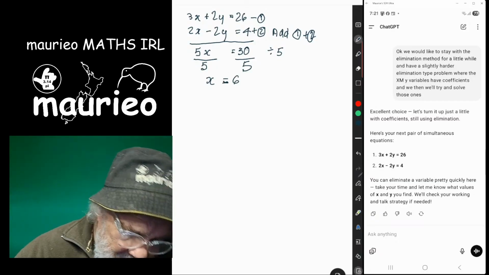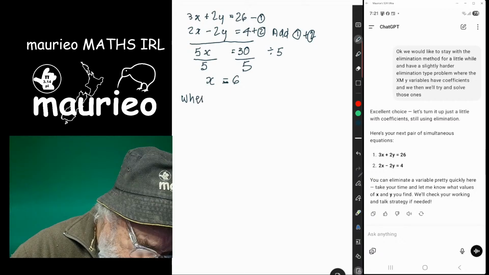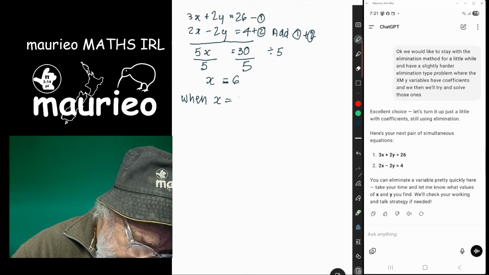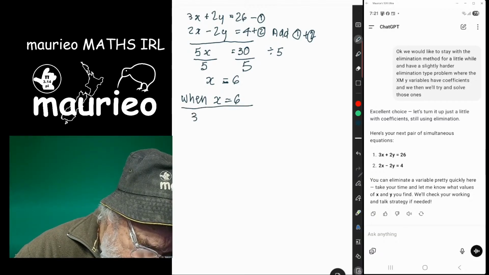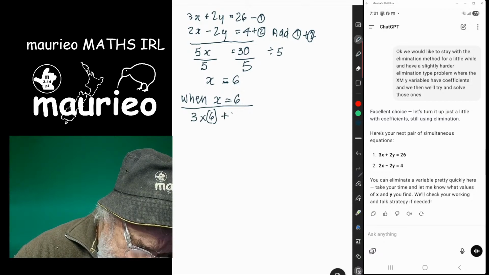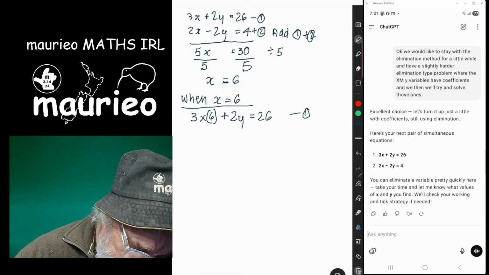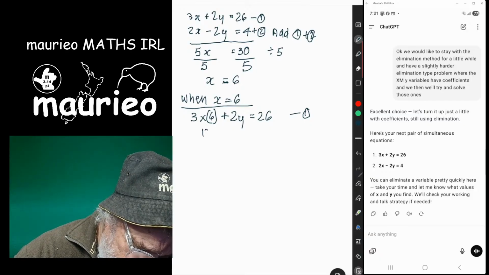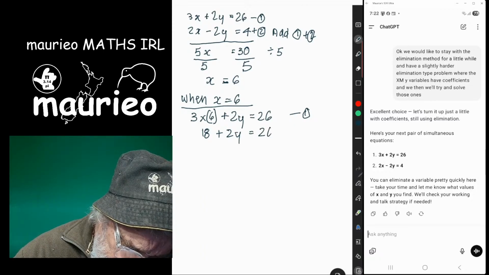Okay, when x equals 6, 3 times 6 plus 2y equals 26. That's equation 1. So that's 18 plus 2y equals 26.